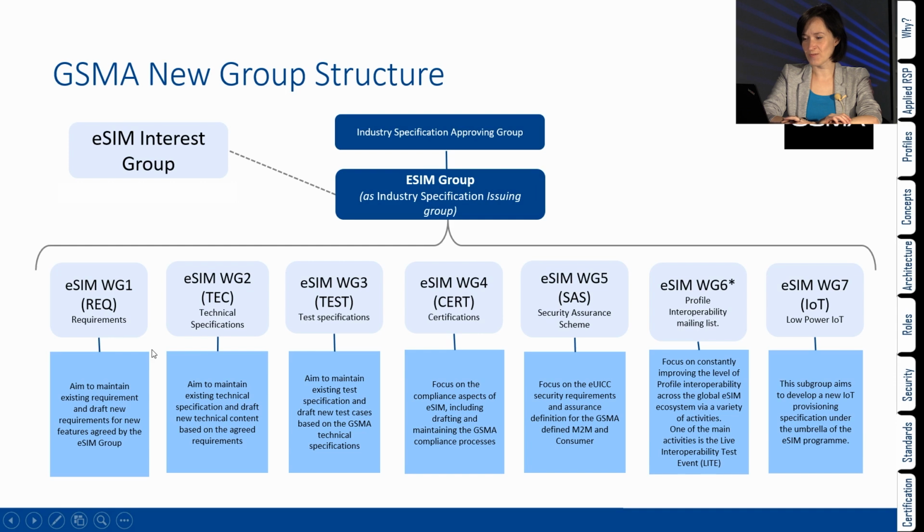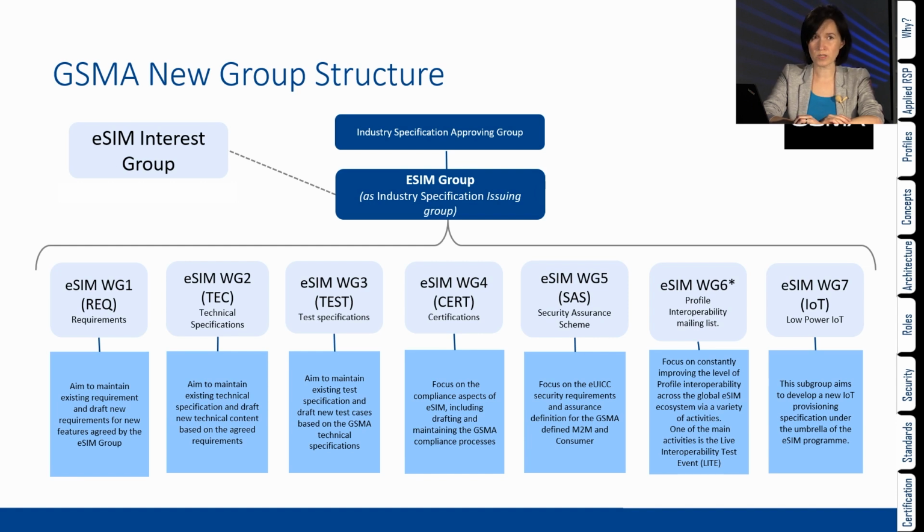Then we have working group 3, the test group. This is the group responsible for the test specification, aiming to maintain the existing test specification and draft new test cases based on the GSMA technical specification. Similar to working group 2, it verifies the requirements.